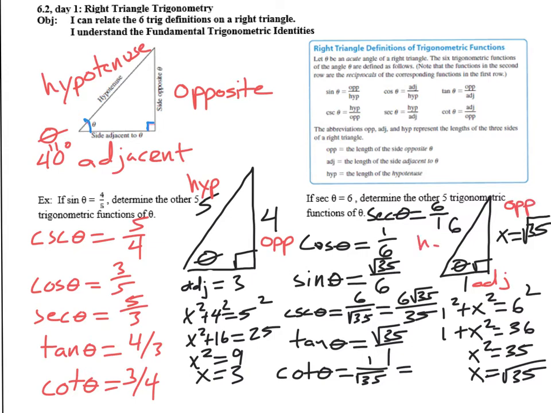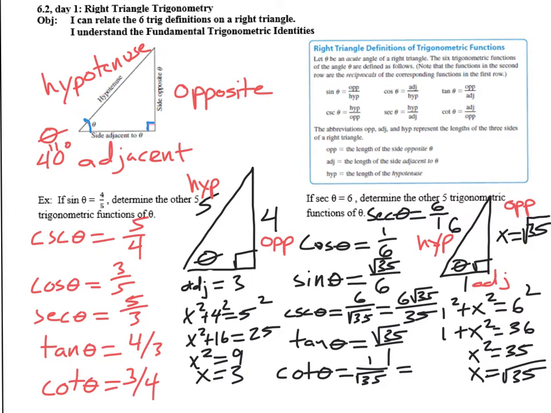6 was the hypotenuse. Now, I set up my diagram the same way because I didn't want it to be confusing. I could have picked to say theta was the angle in the upper right. Then the labels on the sides would switch. Because remember, these side lengths aren't labeled opposite, adjacent, and hypotenuse no matter what, right?